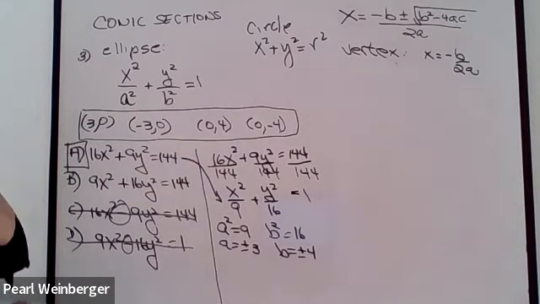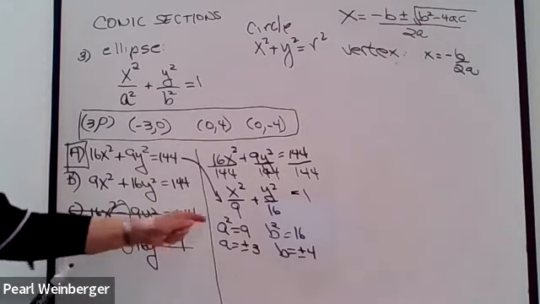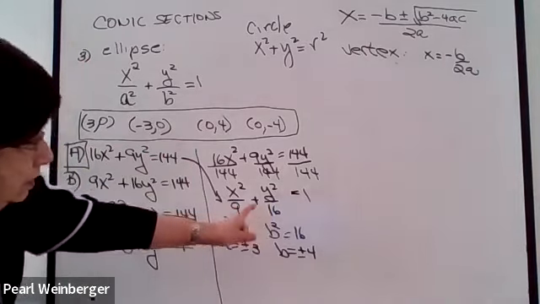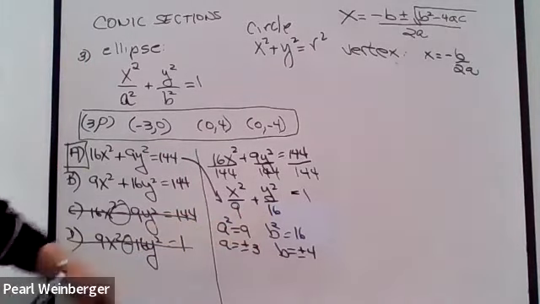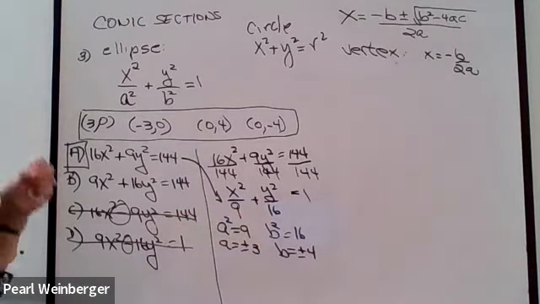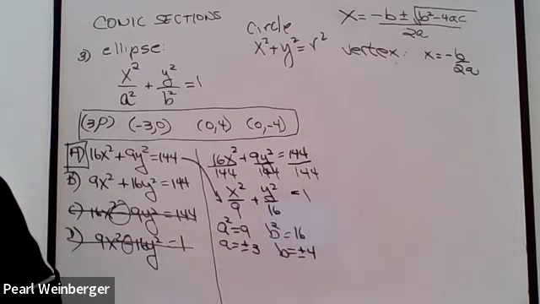So by eliminating the choices that don't make sense, and very often there'll be something like that, you can get the answer without a lot of work. But just remember, it's the a's and the b's, the numbers that are underneath the x squareds and the y squareds, that'll help you find the x and y intercepts.